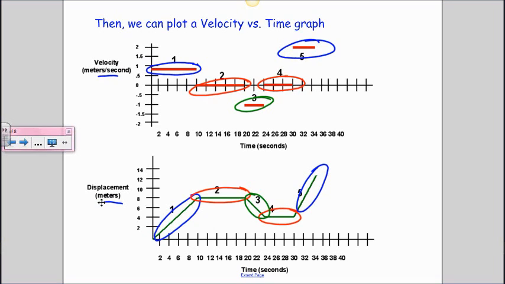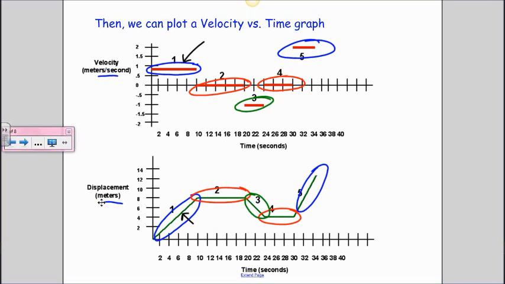It turns out, if you were to calculate the slope of these lines, say calculate the slope of line number 1, you will get velocity. So if you were to mathematically find the slope of part number 1, you would get positive 0.8, which was your velocity for the first leg.